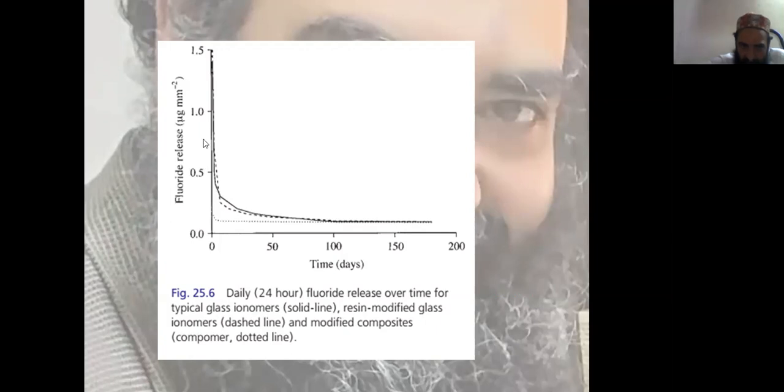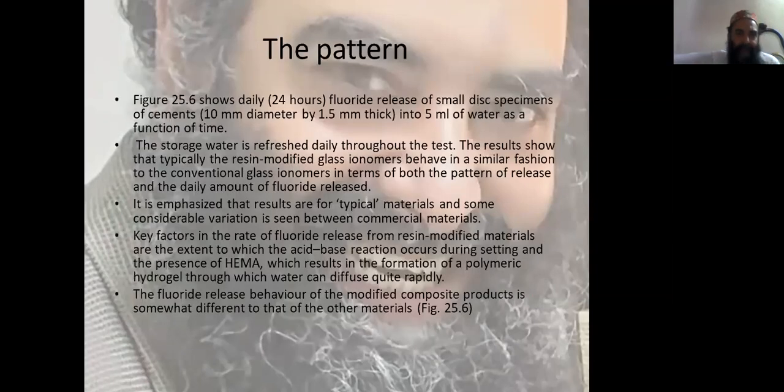You can see much more release of fluoride from the ionomers. The dashed line is for resin modified glass ionomer, and the dotted line is for the compomer, modified composites, etc. So you can see the much lower level of fluoride release with compomers or resin modified composites.